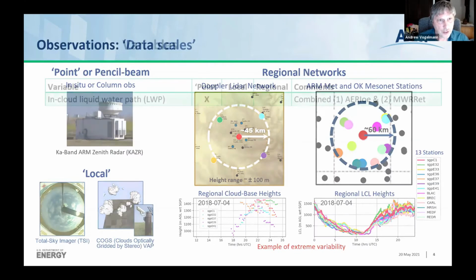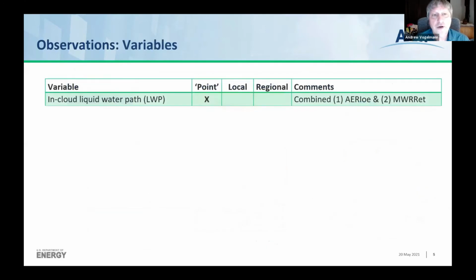I will now quickly go through the variables. I will be moving fairly quickly, so there are lots more details given in the LASSO tech document, but I wanted to give you an overview flavor. In this table, I'll be describing the variable, using the nomenclature I just introduced, point, local, and regional, and then any specific comments.